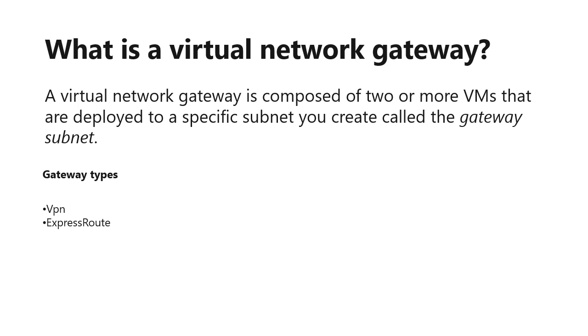You can create one VPN gateway, but you cannot create another VPN gateway, but you can have both types in one network. You can have one as a VPN gateway and one as an ExpressRoute gateway. That is the limitation, or I won't say it's a limitation, it's according to design.